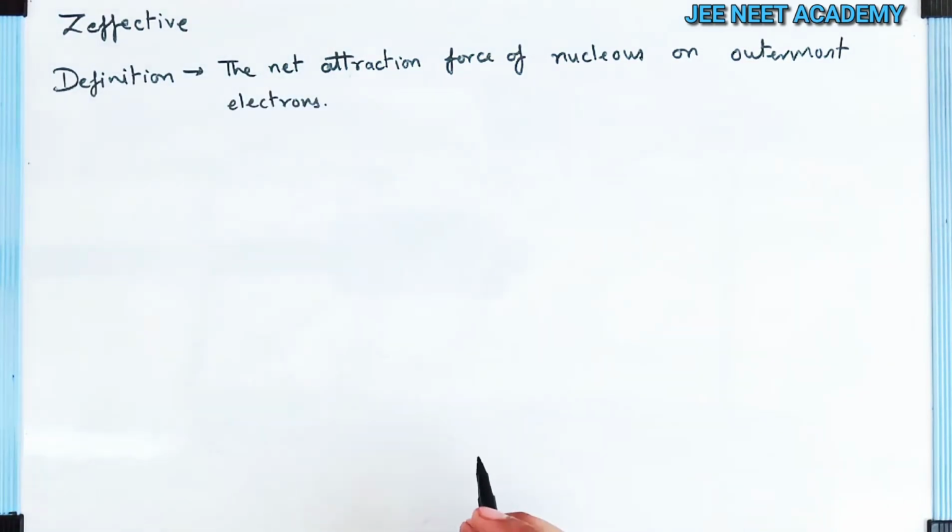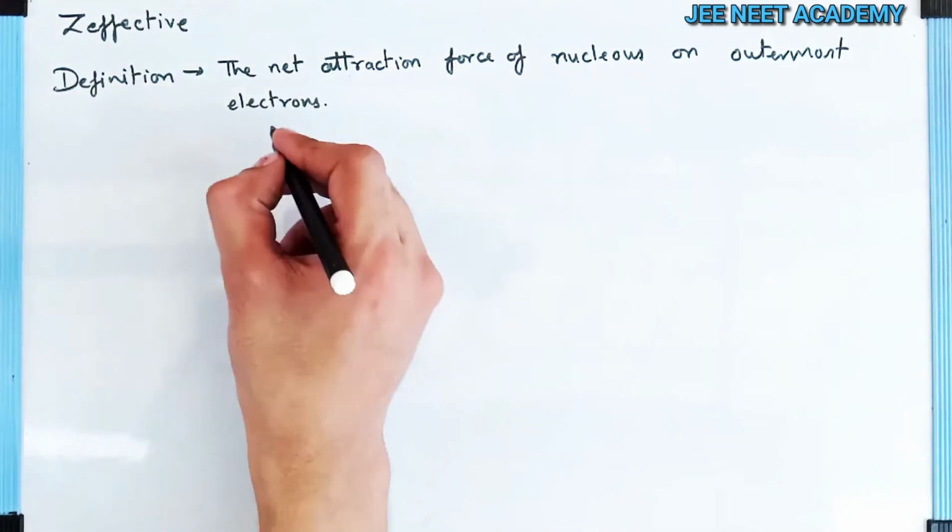This is called the Z effective or effective nuclear charge.